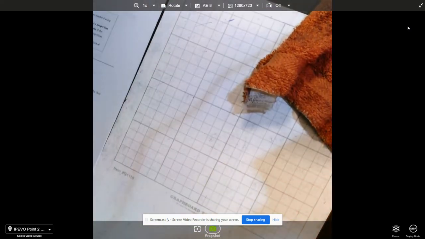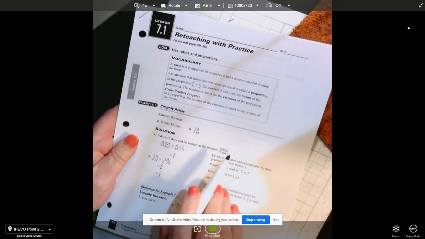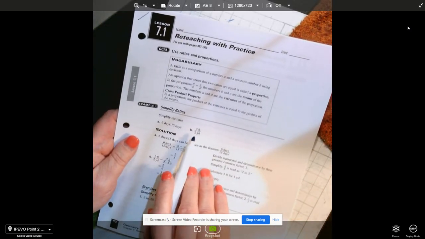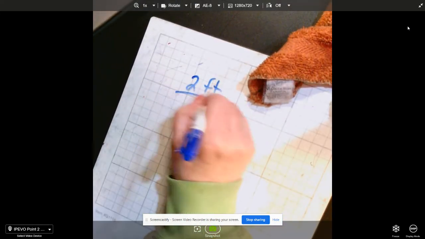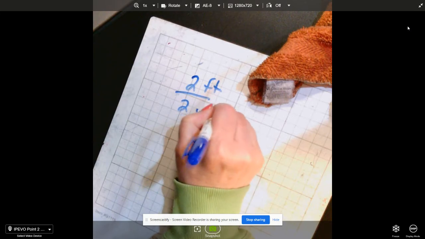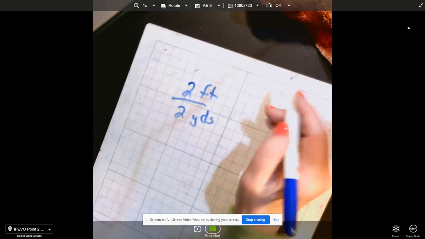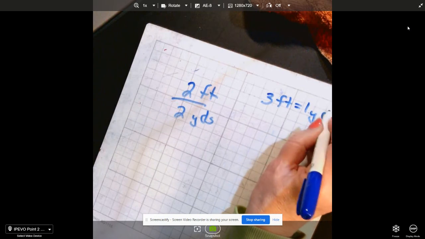Now, if you look here at simplifying the ratios on B, this one here, 2 feet over 2 yards. I can't just ignore the units, because feet and yards are not the same units. If I remember, 3 feet equals 1 yard.